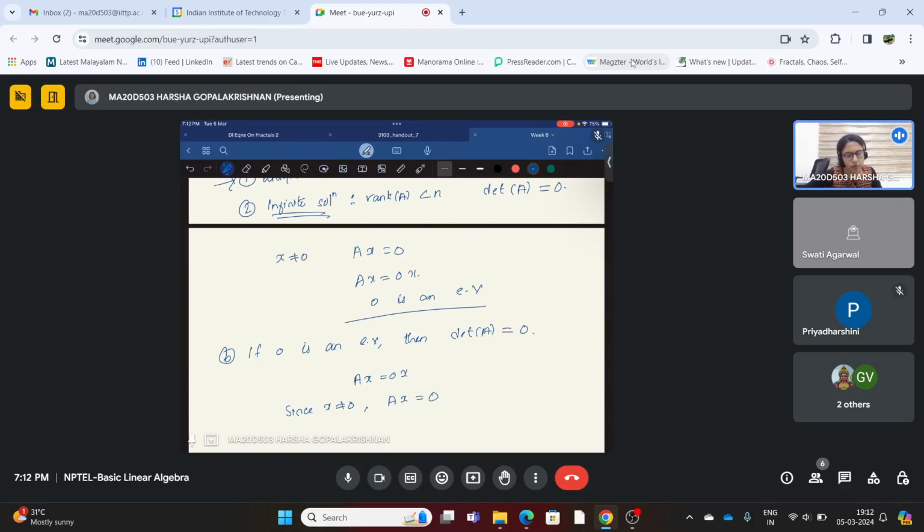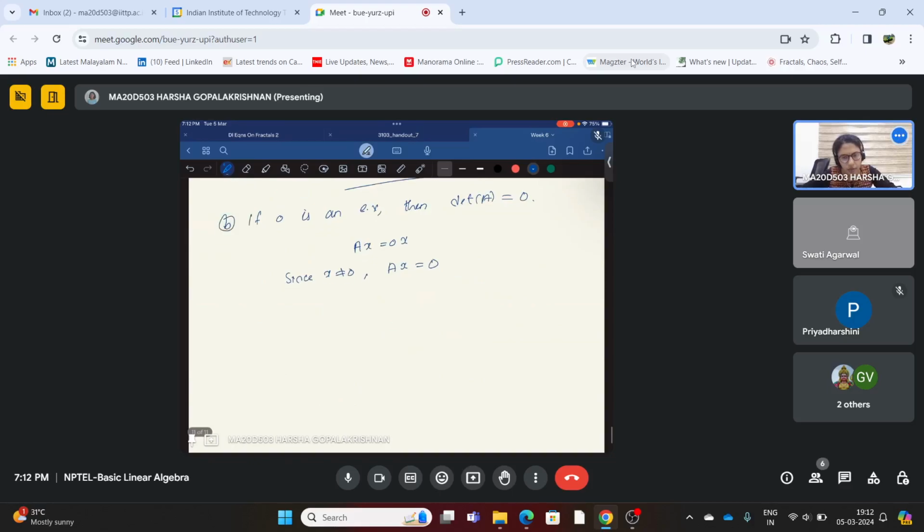What should be the rank of A? Rank of A should be strictly less than n, because nullity is greater than or equal to 1, since a non-zero x belongs to the null space of A. So rank is less than n. In that case, what should be the determinant? Equal to 0. So simple.